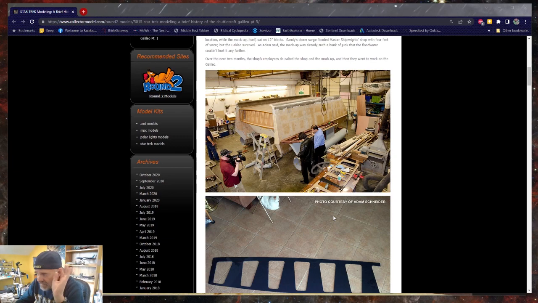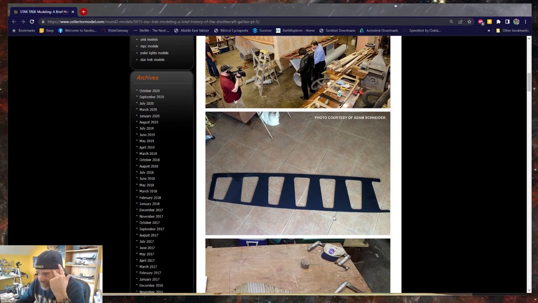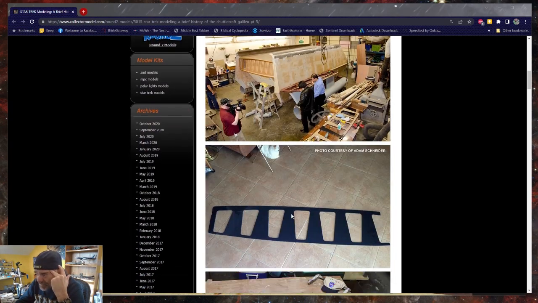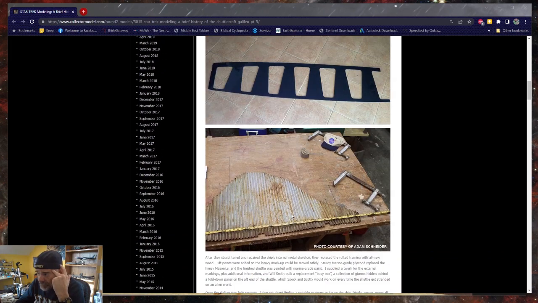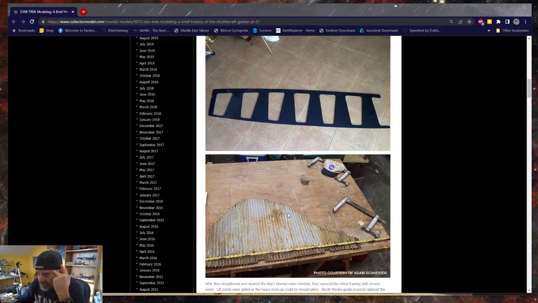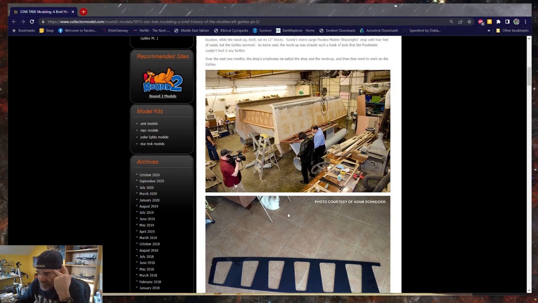And I'm not going to name names or anything like that, but most of you probably know this story. Okay. But anyway, the Galileo went through extensive restoration to bring it back to its set state. Okay.